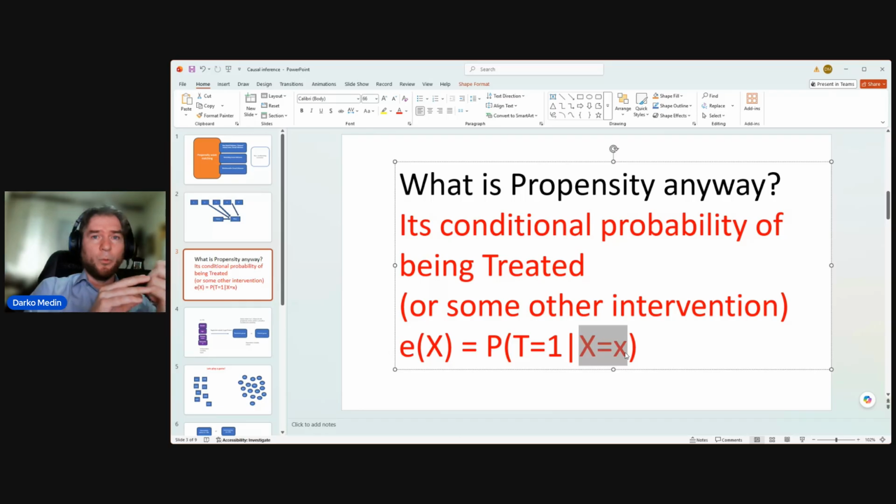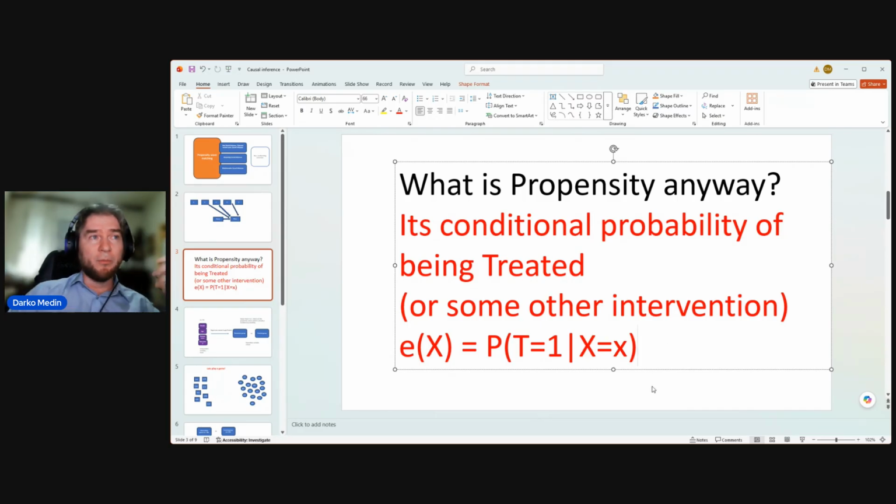So basically, we are trying to estimate the conditional probability that the patient, in this case, will be treated given demographics and other variables. And that probability is basically represented by this formula. That's what we call propensity. So propensity, in other words, is actually a probability. That's very important to understand. Probability goes on a scale from 0 to 1. So propensity, when we calculate it in studies, will also go on a scale from 0 to 1.